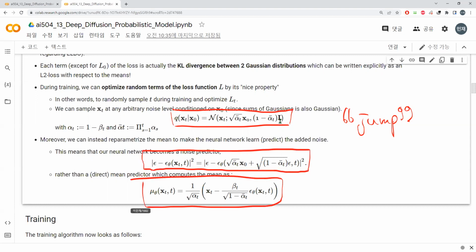Originally, the DDPM predicts the mean of the Gaussian, but by using this nice property, we can reparameterize the training objective to let the model predict epsilon, and this one works better. Okay, that's why we call this property a nice property. Cool.